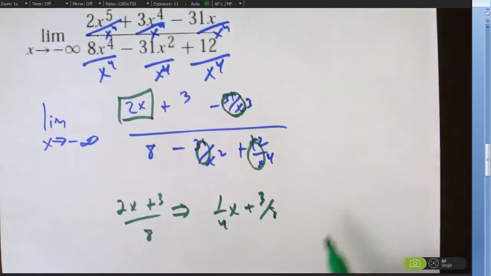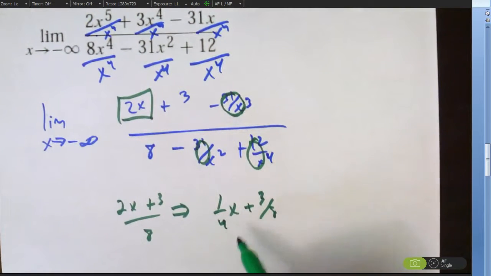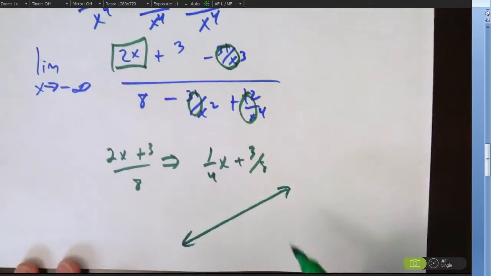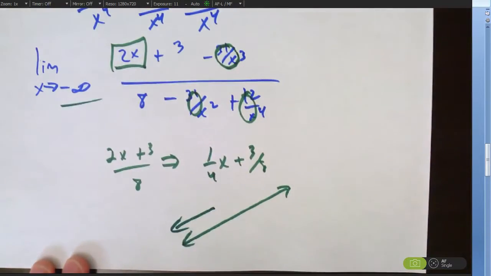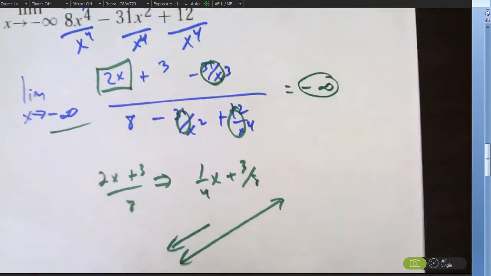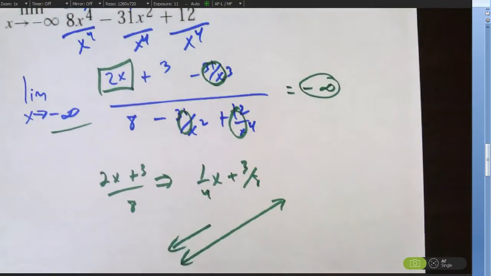So this guy's never going to stop growing because he's a line, and he's got a positive slope, so he'll look something like this over time. And since I'm going to negative infinity, I'm going to the left this way. So this guy's going to go to negative infinity.